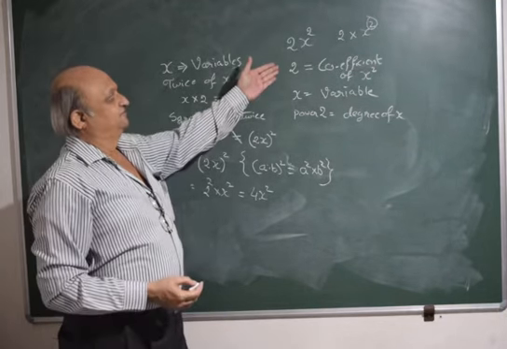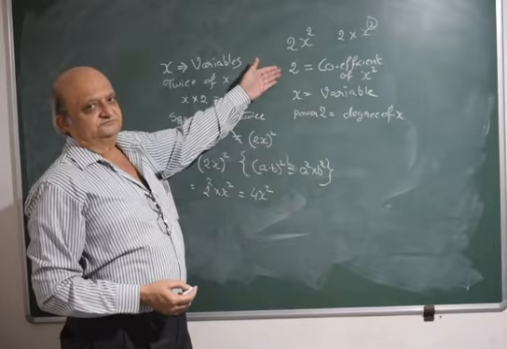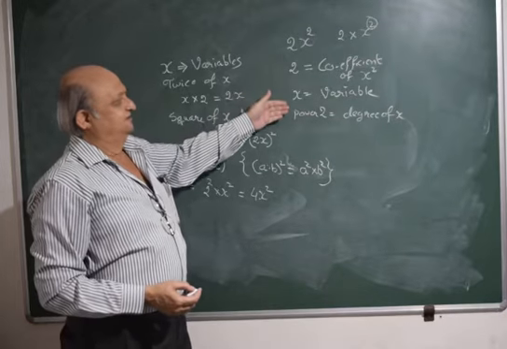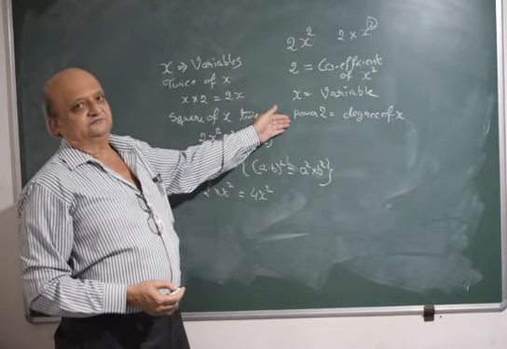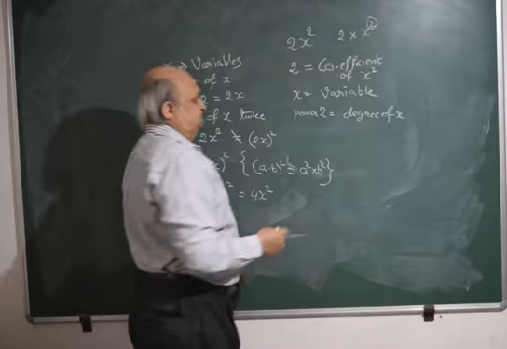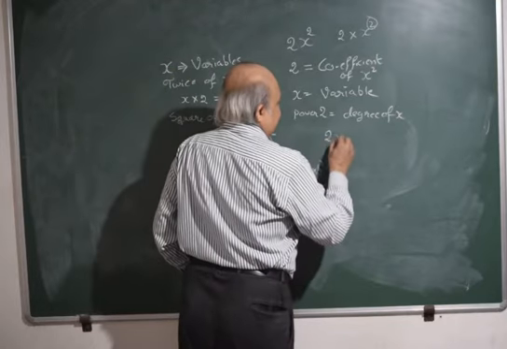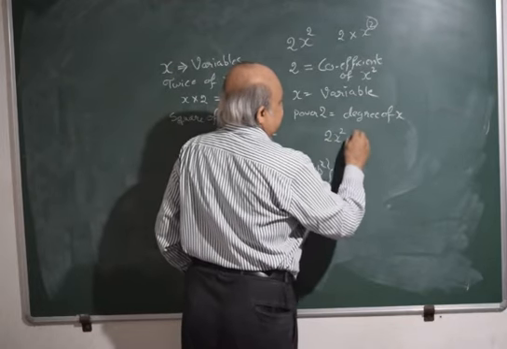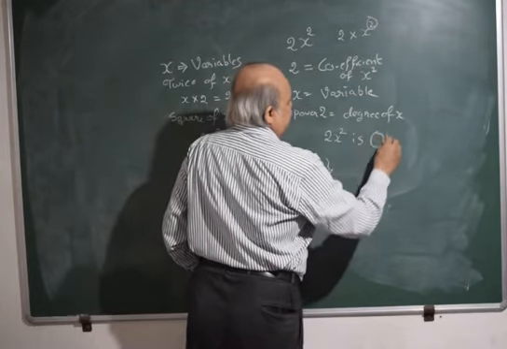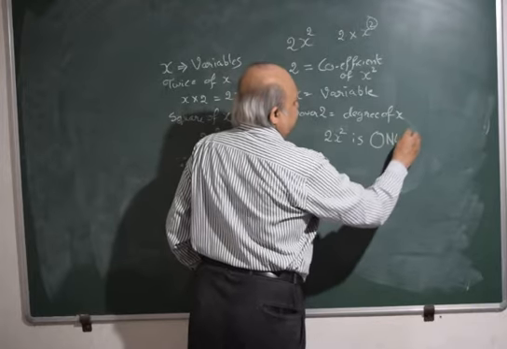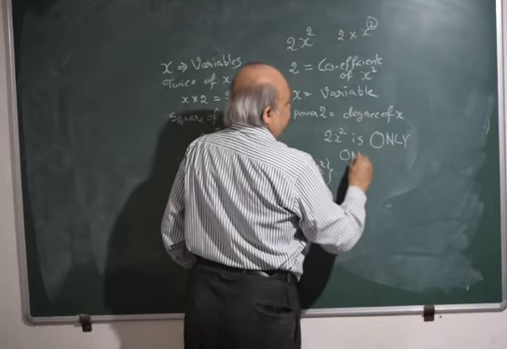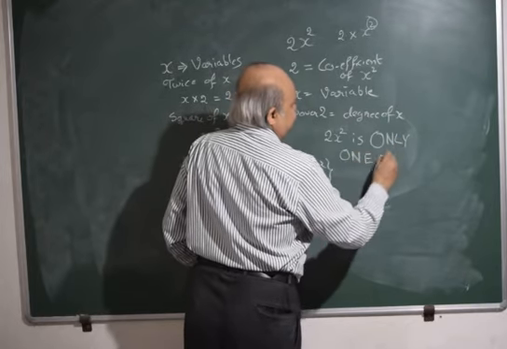So we have 3 components: the coefficient, the variable, and the degree of the variable. However, 2x square is only 1/3.